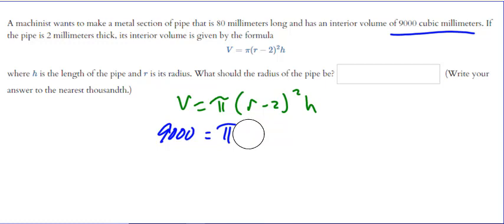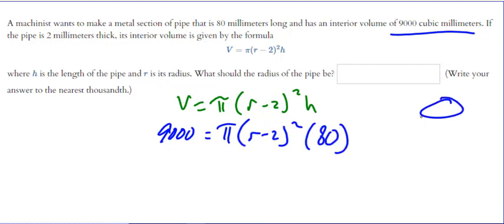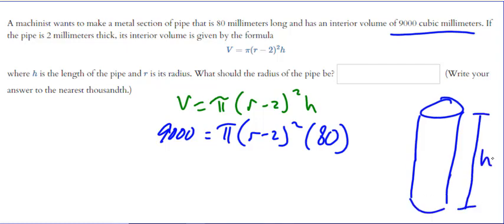Okay, so this is r minus 2 squared times 80. Because we've got a section that's going to be looking like this, right? So that's height, right? So they want us to find r, and the volume is 9,000, right?